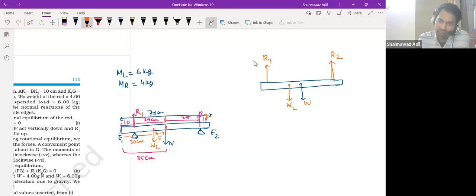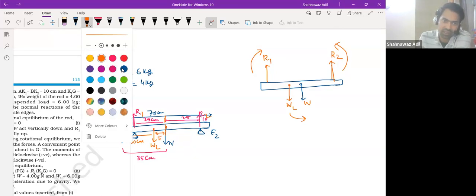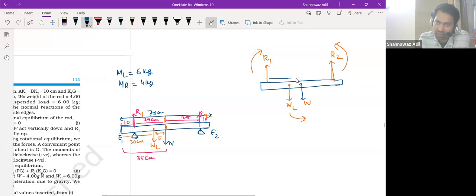Each is acting in its own direction. Clear, everyone? Yes, sir. This distance is 25, this distance is 25, and this distance is 5. And we are assuming that this is the axis of rotation.